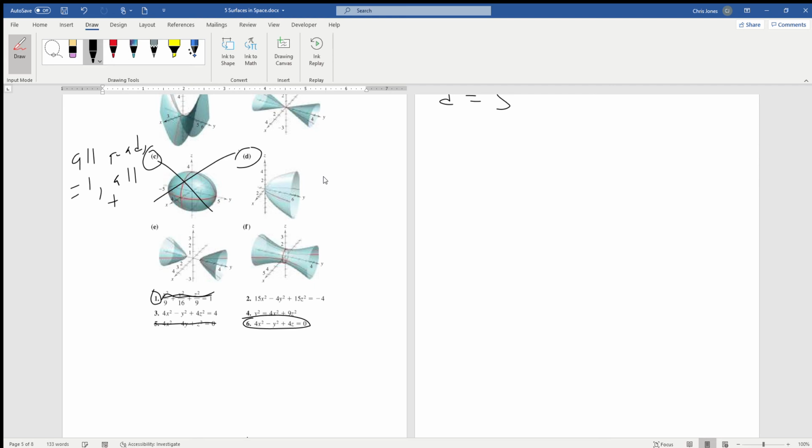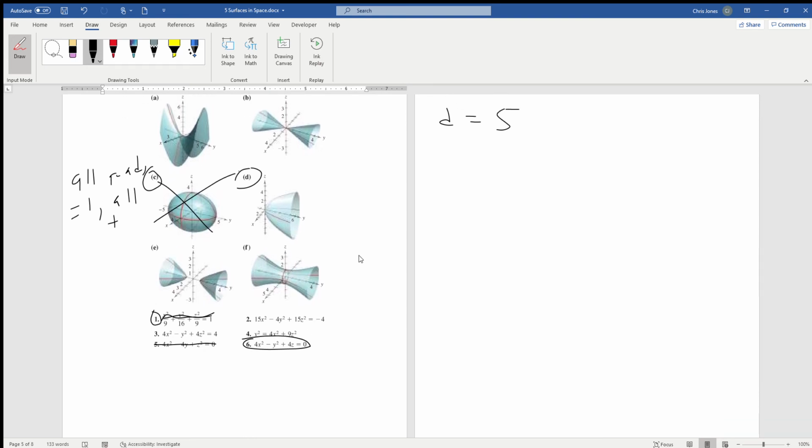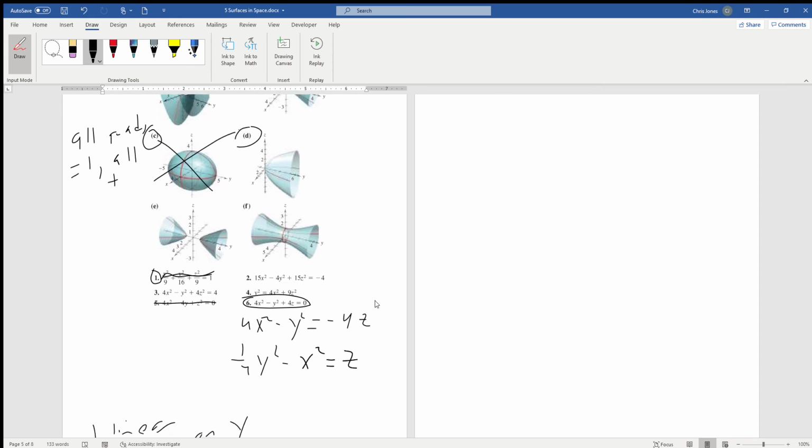We could probably see right away that 6 is going to be equal to A, but let's verify that. Let's isolate the 4z. We would get 4x squared minus y squared equals negative 4z. Dividing by negative 4, we end up with 1/4 y squared minus x squared equals z.